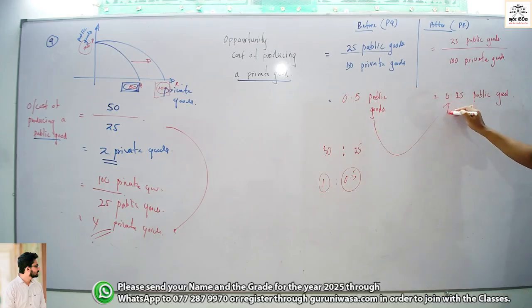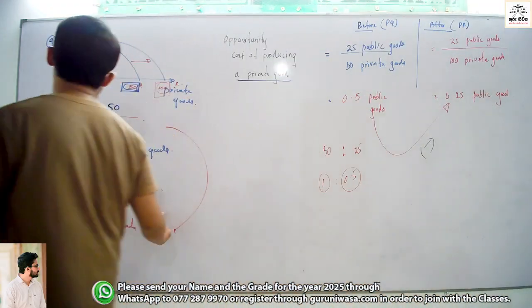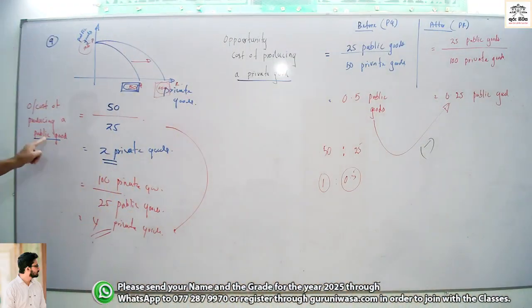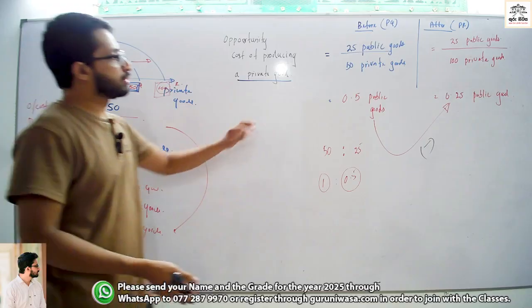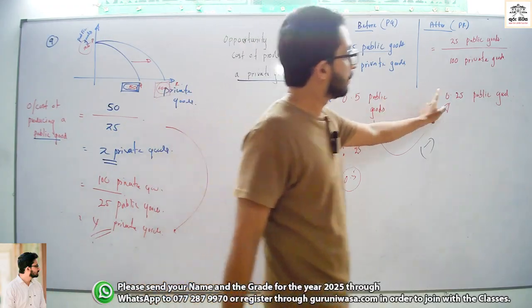It decreases. Opportunity cost of producing a public good increases from 2 to 4. Opportunity cost of producing a private good decreases from 0.5 to 0.25.